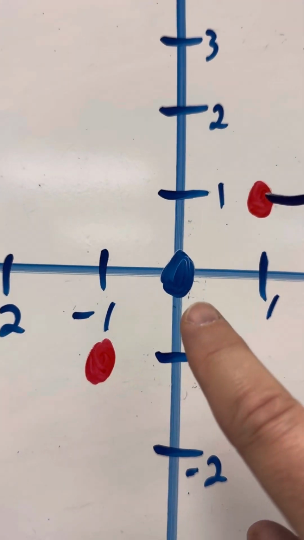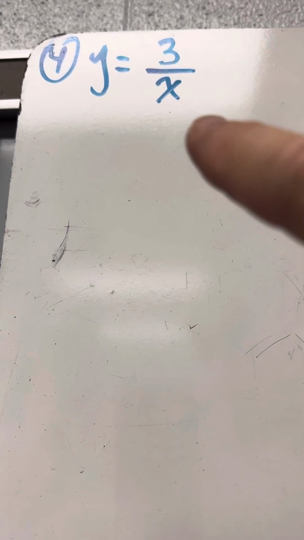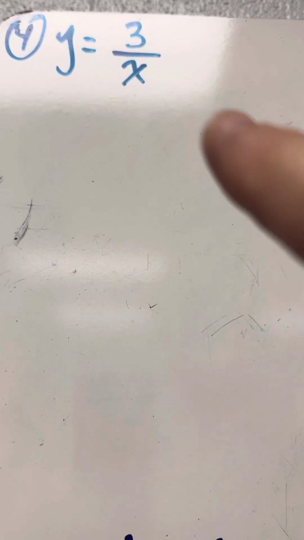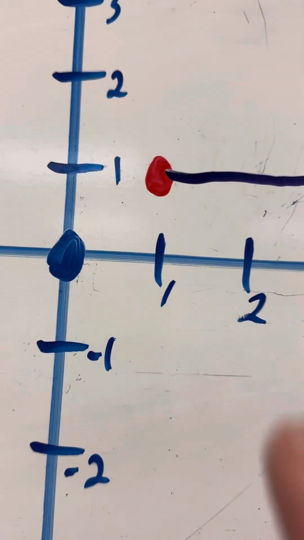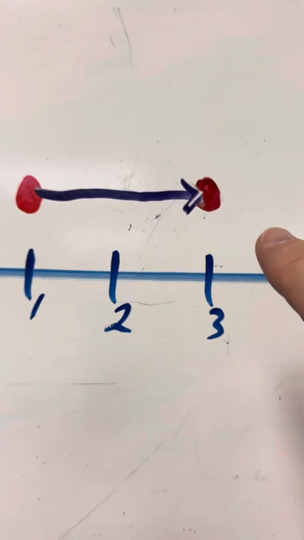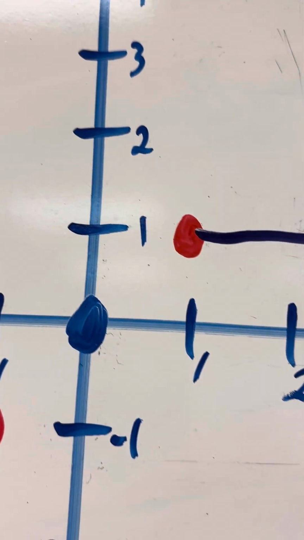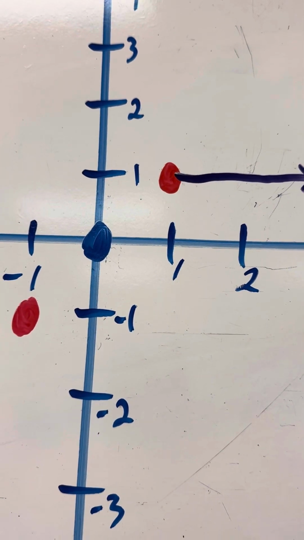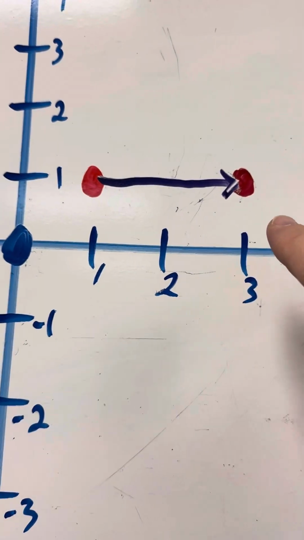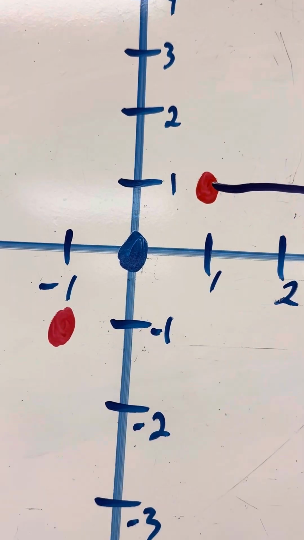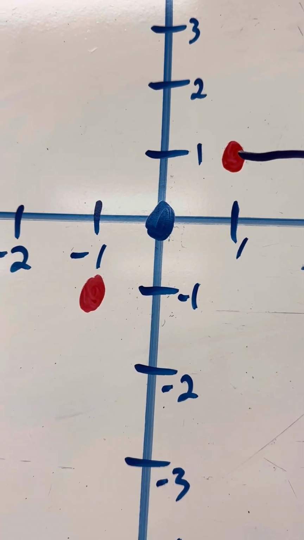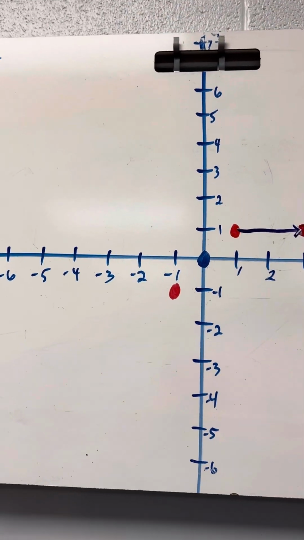So this will not move. But you're going to need 3 over 3 makes 1. So you're going to move this guy over to 3 or up to 3. Either way. Okay? So you move this over to 3 or up to 3, and that will make the graph work. Okay?